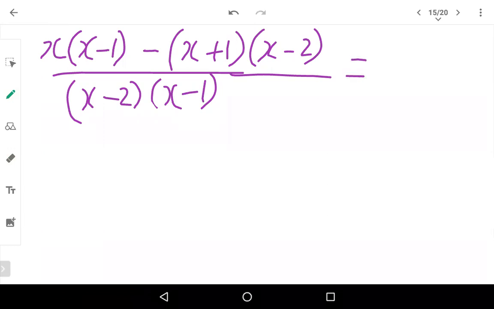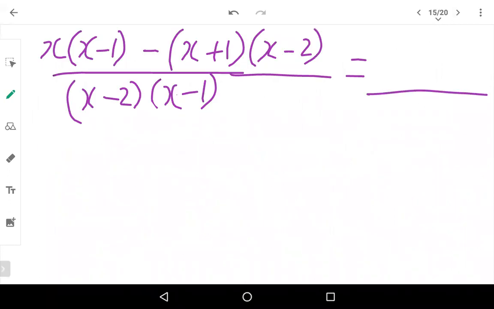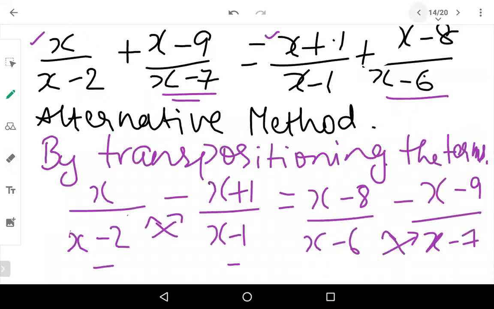Okay, is equal to, now coming on to the RHS, here x minus 6 into x minus 7 will be the LCM, and I also have to cross multiply the terms. So for cross multiplication, again here you will have x minus 6 into x minus 7 in the denominator. In the numerator, you will have x minus 8 into x minus 7 minus x minus 9 into x minus 6.